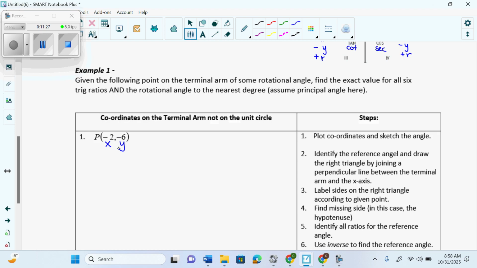Okay, first step, label it. Second step, what should you do? Label it, -2, -6, and then draw it. 1, 2, 1, 2, 3, 4, 5, 6.